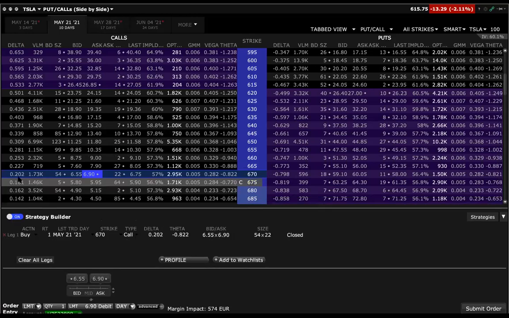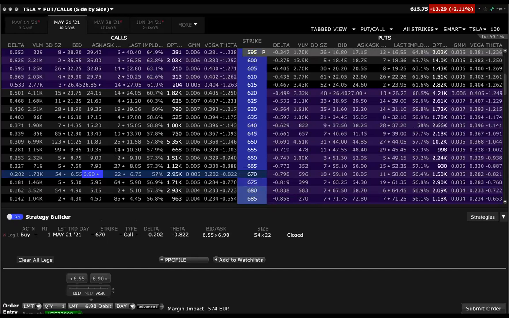Here I have 0.20. The delta is 0.20. So if the stock goes up from 615.75 with $1 up, 616.75, here we have a change of $1 up, we will be making $20. This is the delta. We are making $20.